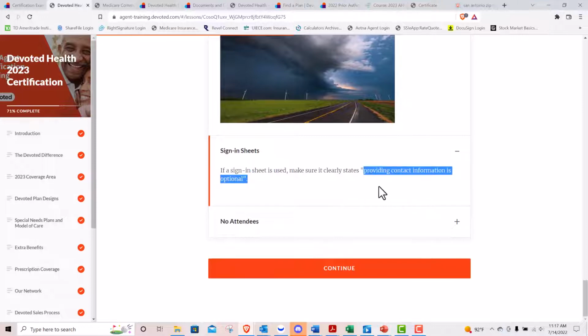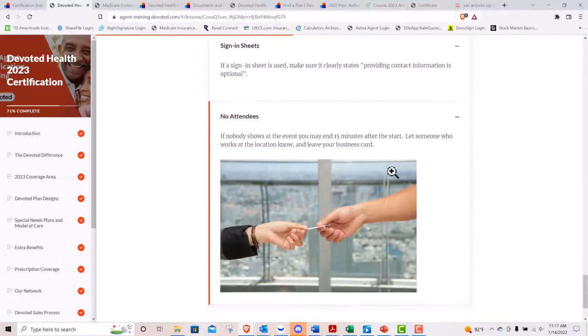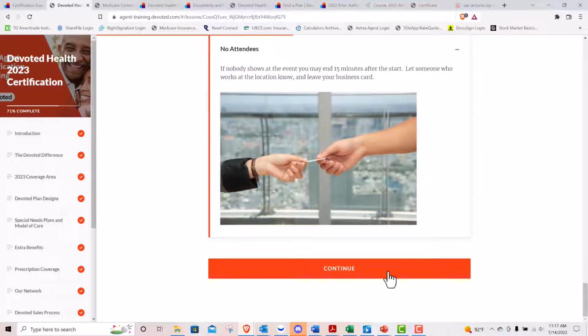Providing contact information is optional, they're not supposed to require it. If there are no attendees 15 minutes after the start, you can let someone at the work location know, like if you're at a YMCA or some kind of community center, let the organizing person or the front desk person know that no one is there right now, and you're going to go ahead and go home and leave your business card for people who come perhaps too late.